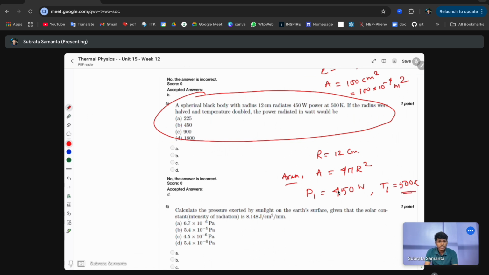This is R1, area A1. If the radius were halved, your radius R2 is half of this, so 6 centimeter. Then the power radiated in watt will be P2; you have to calculate P2.